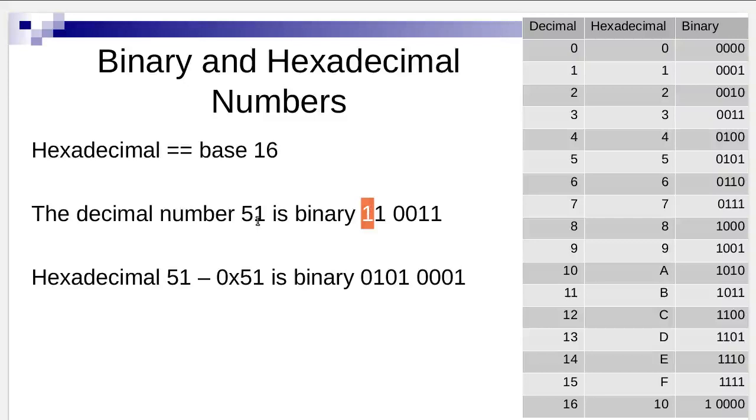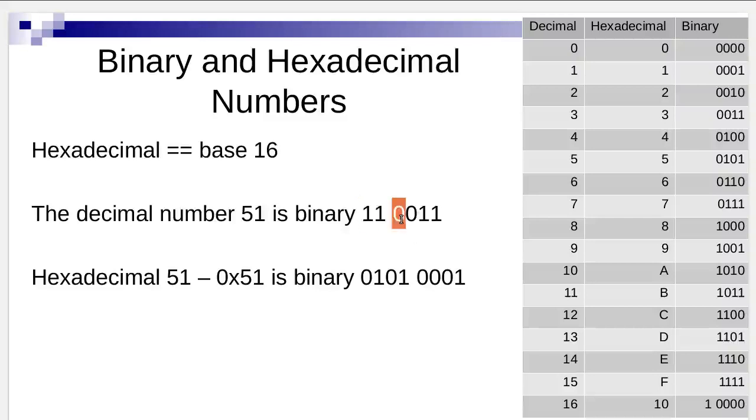No, sorry, I have to think. 19. And so 19 is the remainder. The biggest power of 2 that's smaller than 19 is 16, and so you get a 1. That's 2 to the power 4, in the fifth spot.